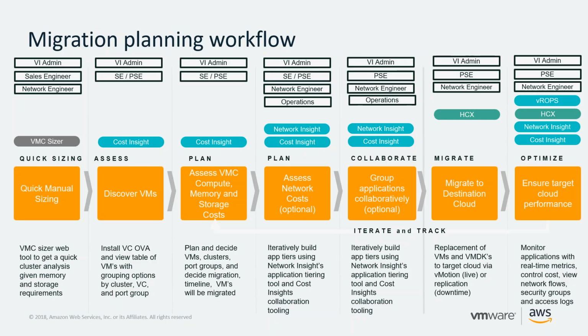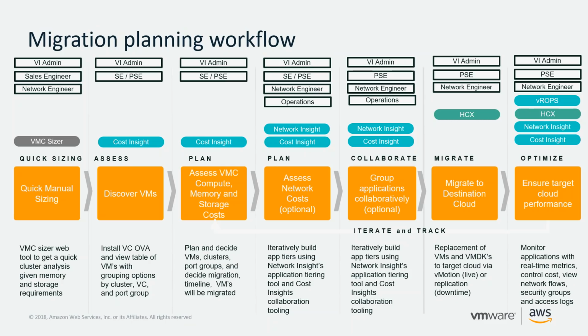This will discover VMs that you have running and look at your actual memory, storage, and compute usage on-prem, and based on that, come up with a more accurate, more precise assessment of what you'll need to actually do the migration to VMware Cloud on AWS, how many hosts, etc.